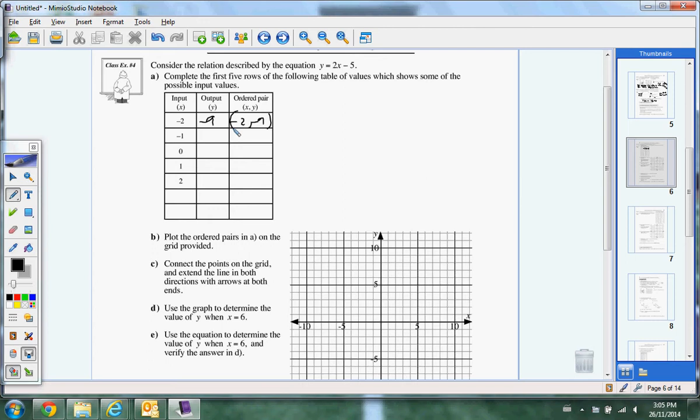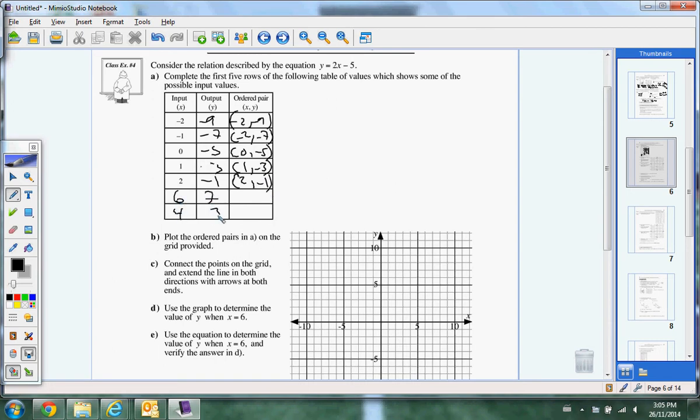So continuing that, I got negative 7. Then I got negative 5. Negative 3. And negative 1. And then I did 6 and 4.